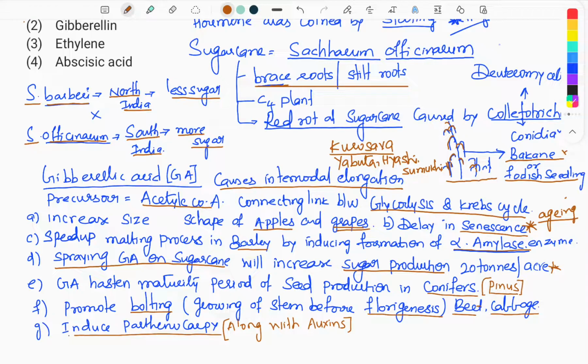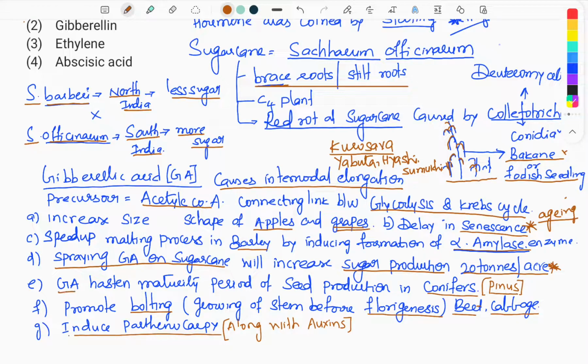As a result, the sugar produced and stored will be more, so that more sugar can be obtained from the sugarcane plant. It is given a number: 20 tons per acre. Sugarcane production can be enhanced by 20 tons per acre by application of gibberellic acid.